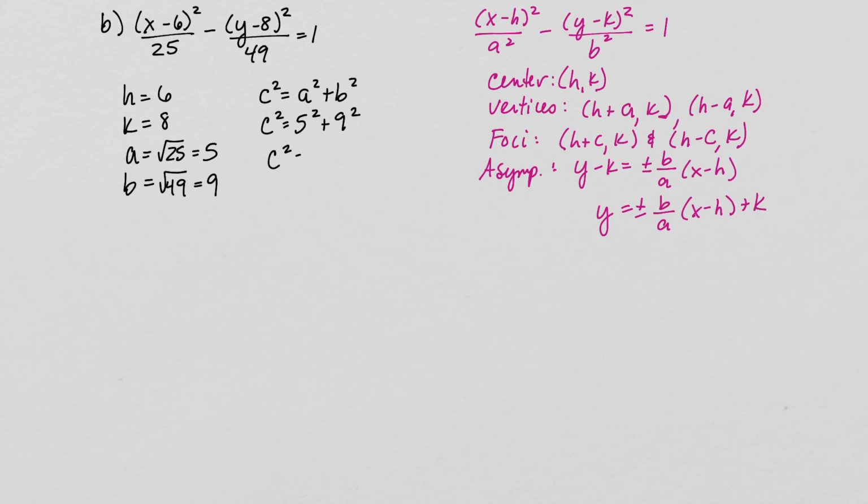So c squared is going to be 25 plus 49, which is equal to 74. And so c is just going to be the square root of 74. It's not a nice number.